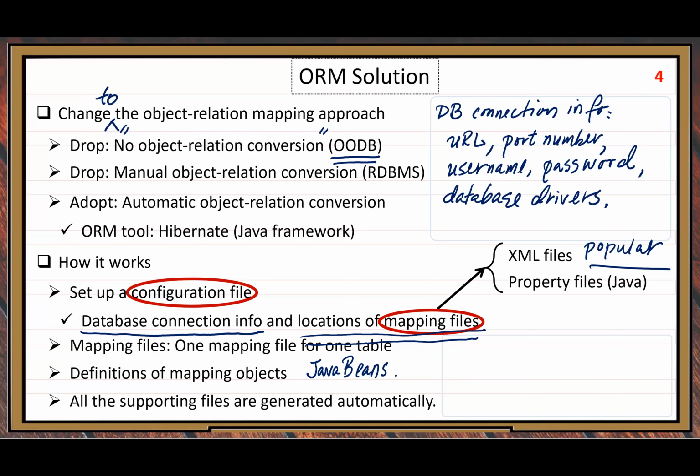All the supporting files are generated automatically. After you set up the above items, get ready, click the button, generate. The Java beans can be generated automatically; you do not need to type them manually. You just click the button and the Hibernate tool generates them.